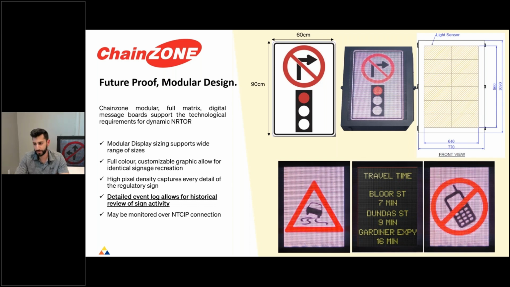So if anyone comes to you and says, hey, the sign wasn't working when I was ticketed, well, you can go back, even if you aren't connected to the internet with our board, you can run through the log of the sign, see when it was active, and provide a readout of that activity log for the courts to prove the sign was active when the driver disobeyed the turning restriction in our hypothetical case.